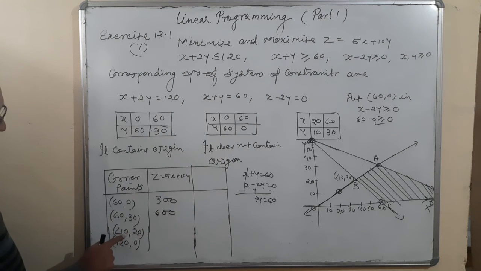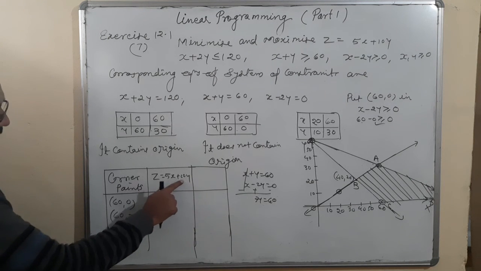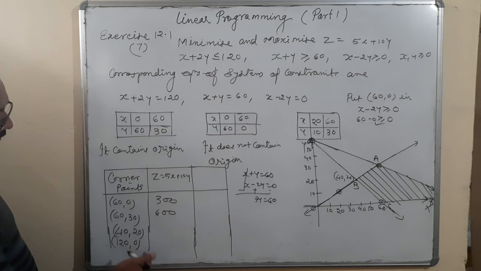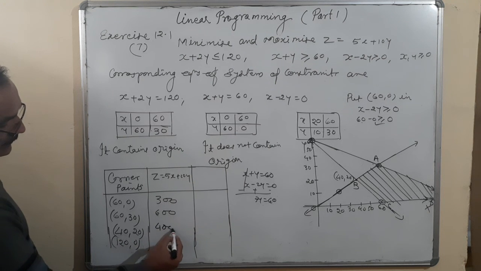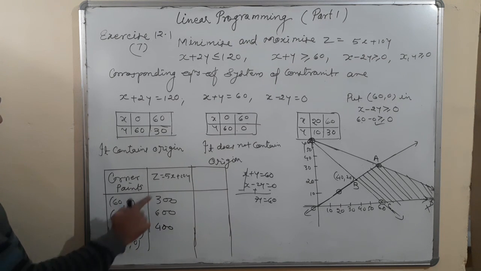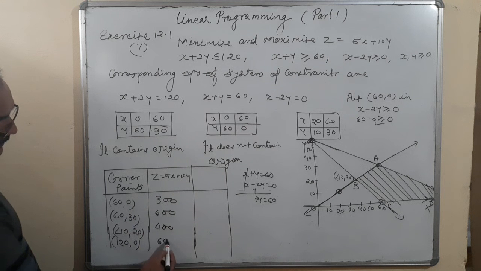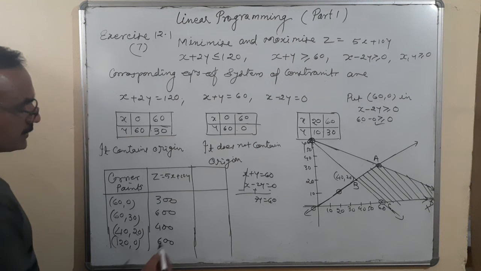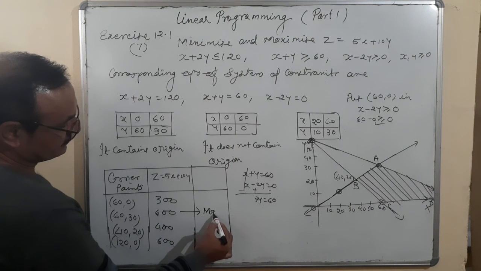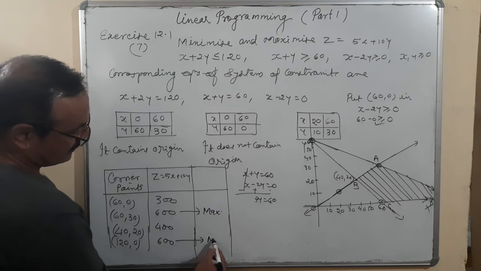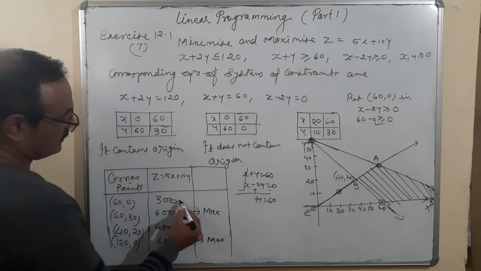Here 5 times 40 is 200 and 10 times 20 is 200, 200 plus 200 is 400. And here it is 600, and the other is 0. So there are two maximum points and this is the minimum.